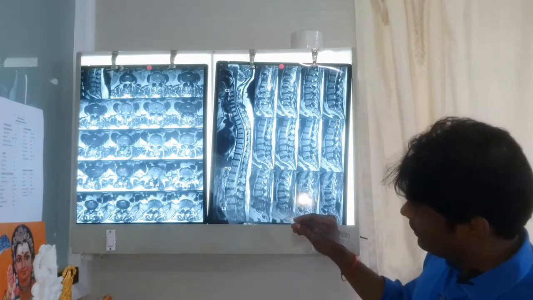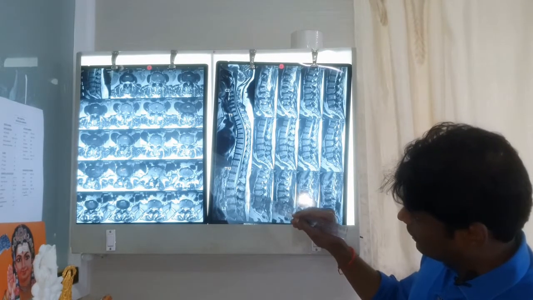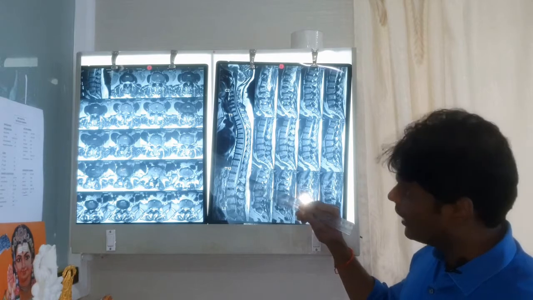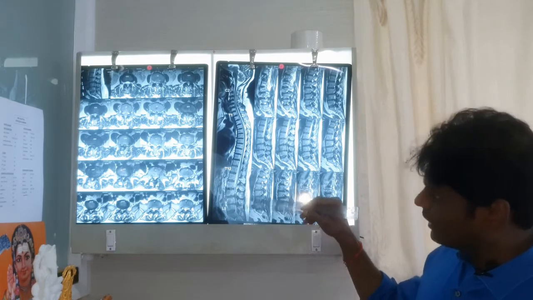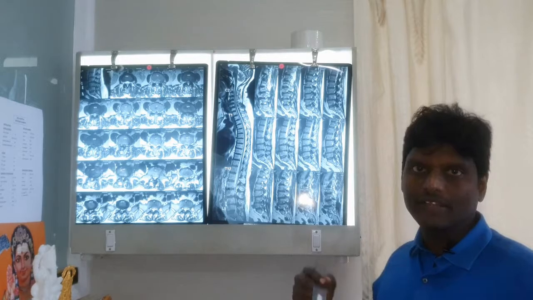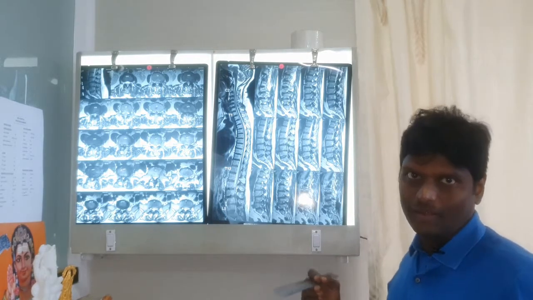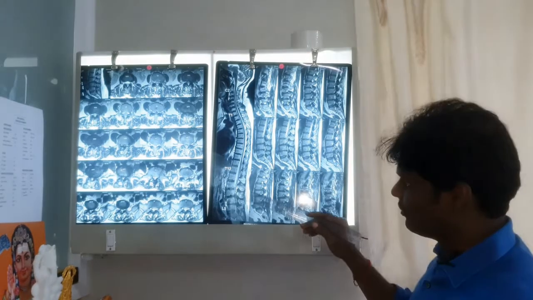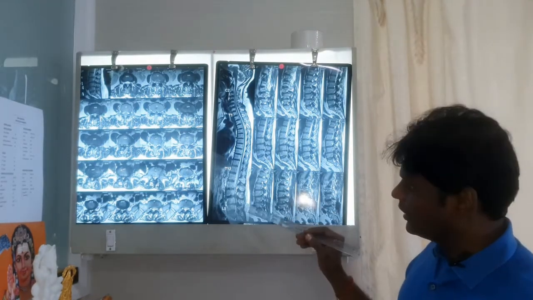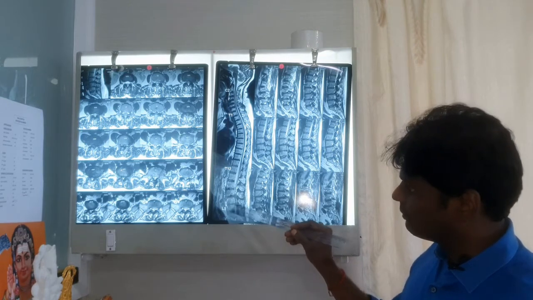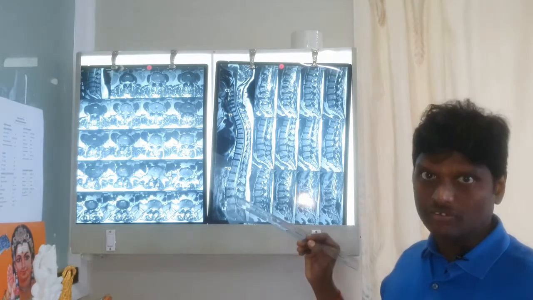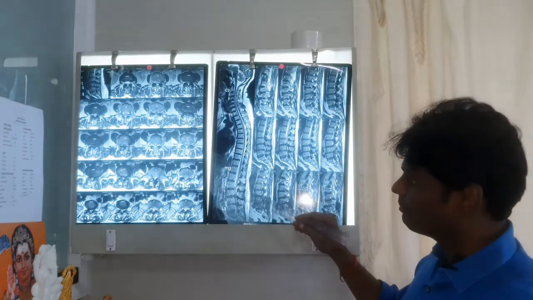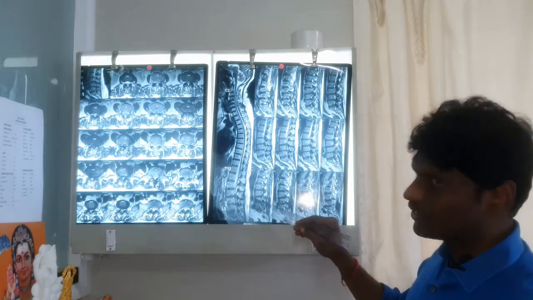Along with that, the surgeon has to remove and debride all the hypertrophied ligamentum flavum, a little bit of cleaning work, which will help these nerves get some nutrition. If she undergoes only microdiscectomy, in fact the problem is not a disc problem, it's more of canal stenosis, which is due to ligamentum flavum hypertrophy and facet joint arthropathy.